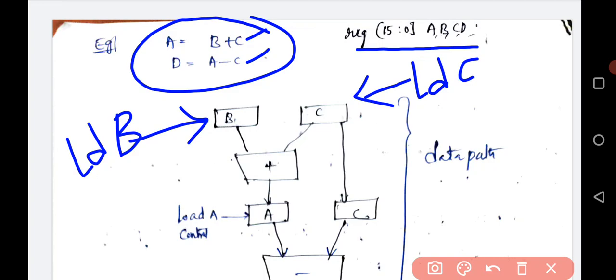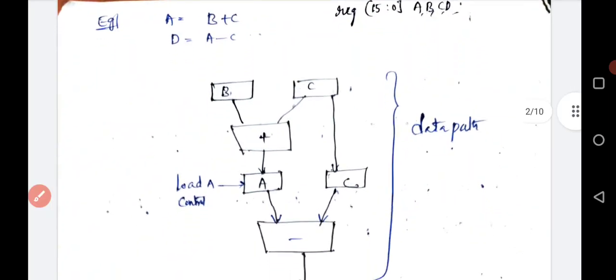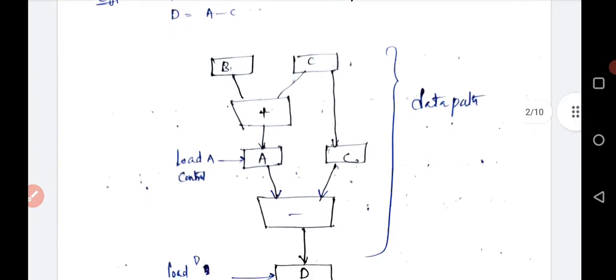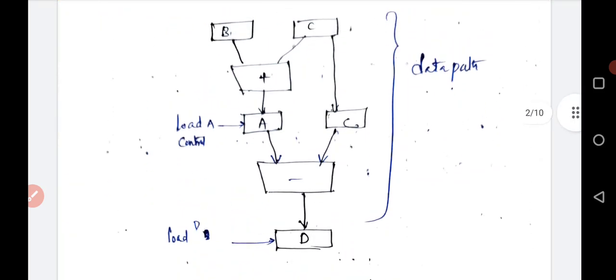After that, that data is given to the adder, which performs the addition operation, and the result is given to A. That means whenever this load signal is activated, only at that time the output of the adder is loaded into register A. At the same time, the second operation is D is equal to A minus C. Obviously, the output of the adder is loaded by the load A signal. At the same time, we can directly take the output of C, and this can be given to the subtractor to perform the subtraction.